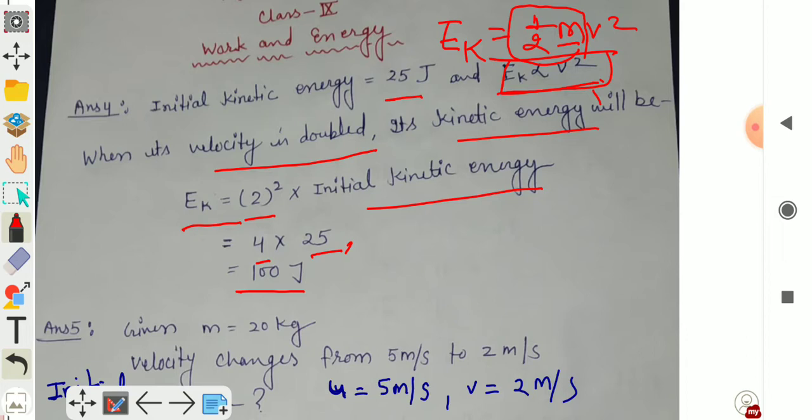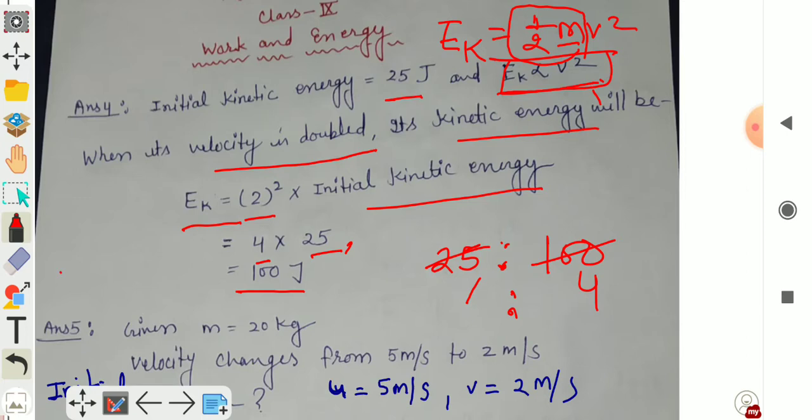It means kinetic energy will be increased 4 times. 25 to 100. So when the velocity of an object is double, its kinetic energy increases 4 times.